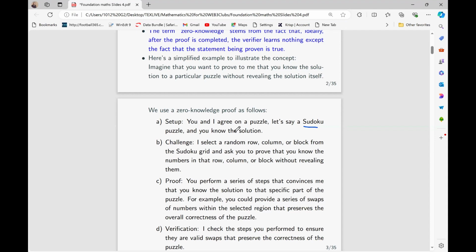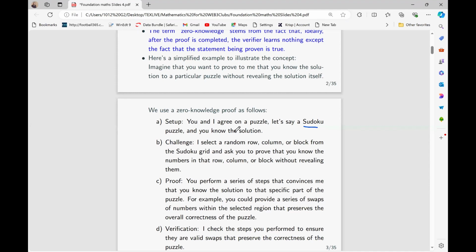I take some row or a column from that Sudoku grid, and then I ask you to prove whether you know the numbers of that row or the column. Now, you want to prove. For you to prove, maybe you do some steps, which of course I should be knowing. So you do those steps that will convince me that you know the numbers I took away from the row or from the column.